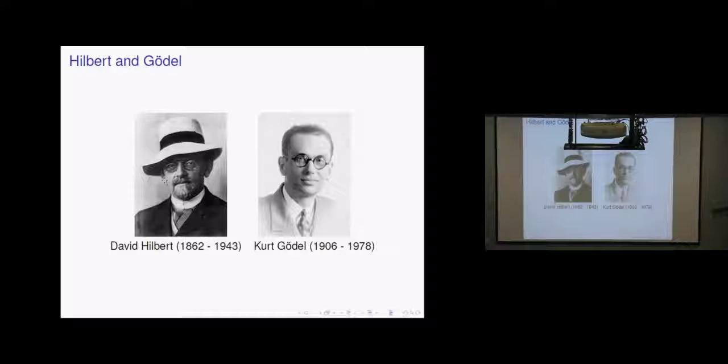So he has this Hilbert program. He wants to show mathematically that mathematics is safe. There's no contradiction. Right? And then comes another guy called Gödel. Gödel showed that Hilbert's program cannot be carried out as he proposed. You may find other ways, but what Hilbert proposed is impossible.